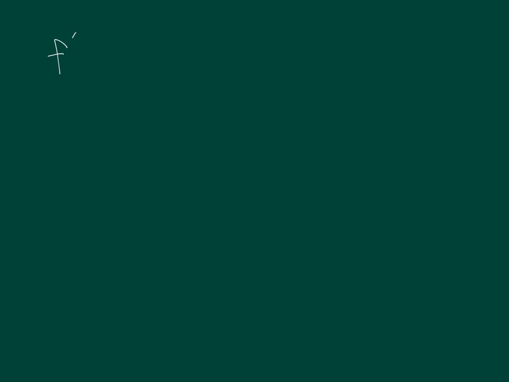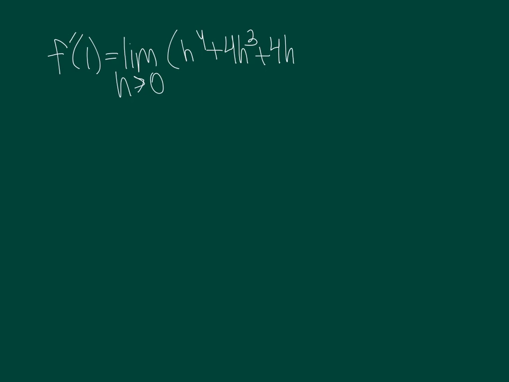So we're finding the derivative. The derivative of this function at 1 is equal to the limit as h approaches 0. And remember, the value at f(1 + h) is h^4 + 4h^3 + 4h^2 - 1, and then we're going to add 1 because we're subtracting a negative 1, all over h.